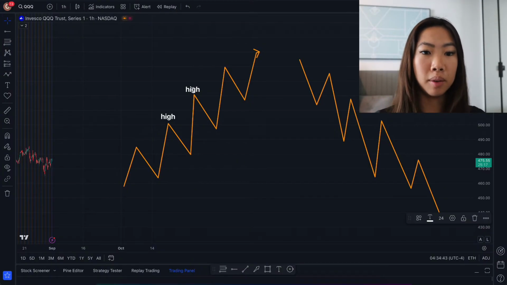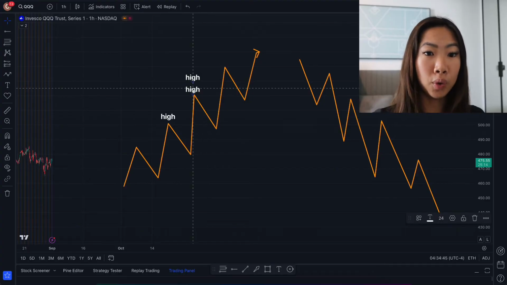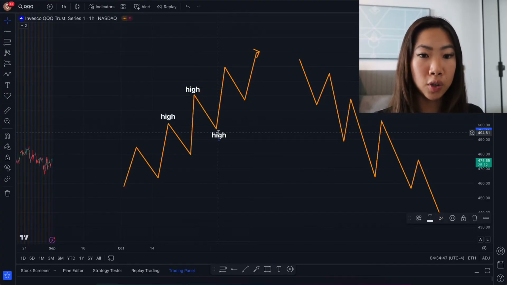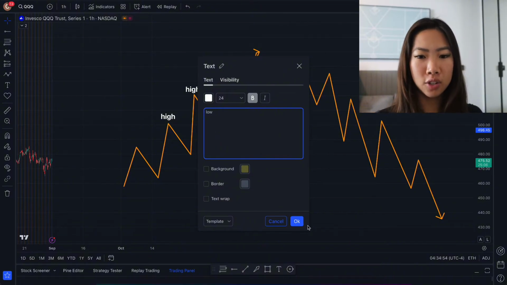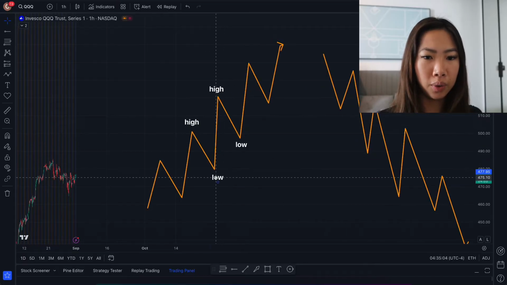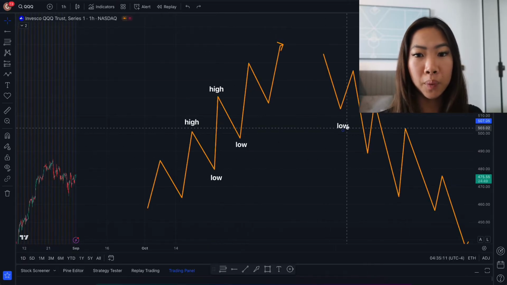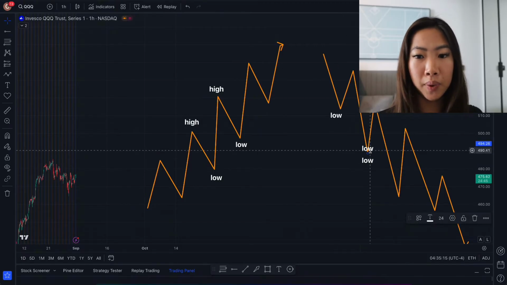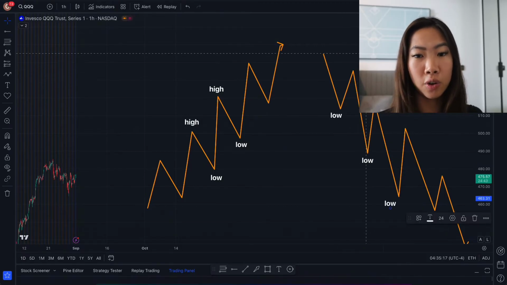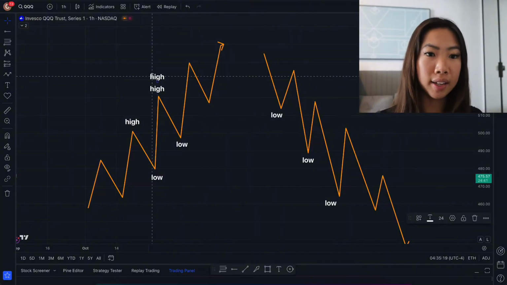And then the lows are going to be these, because they're on the opposite side of the trend, basically on the underside. So this is a low, then this is a low. Same thing down here, we have a low, and another low, and another low. And then of course up here, those would be the highs.